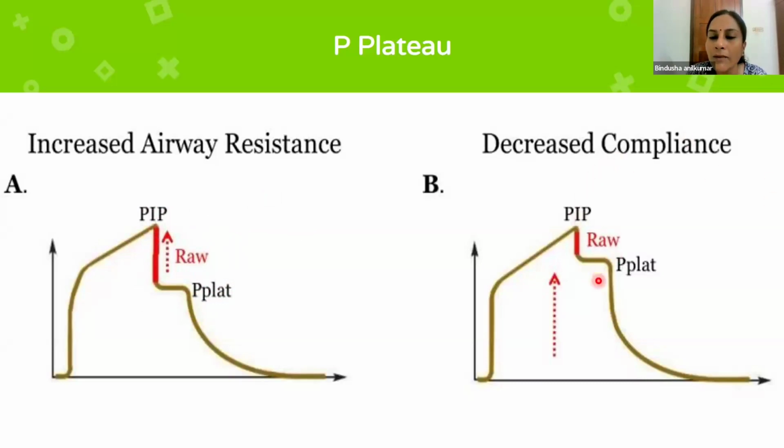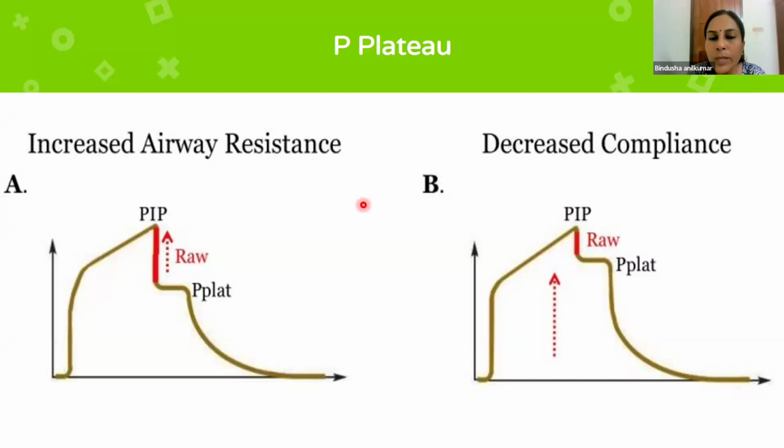Whereas suppose you have a lung with low compliance but less resistance, the majority of the pressure is used up to overcome the lesser compliance of the lungs to deliver the tidal volume. So in this picture, you can see that the majority of the pressure is actually reaching the alveoli. That is how you differentiate between these two.